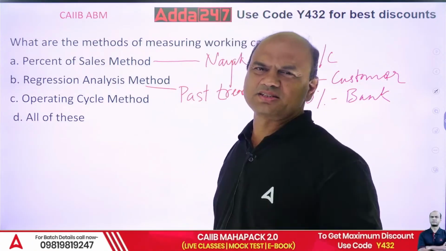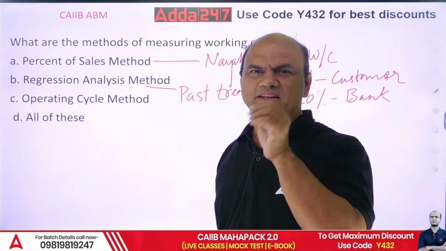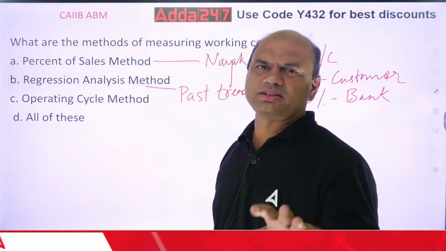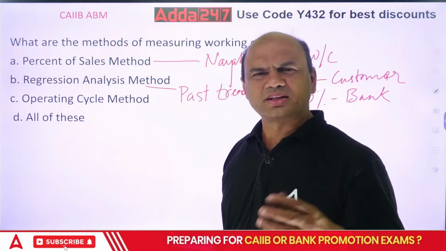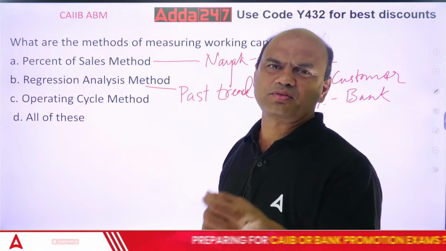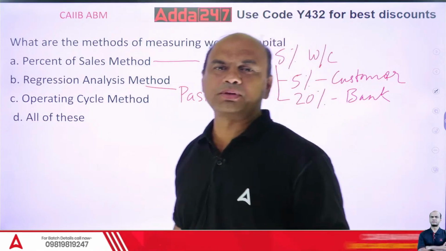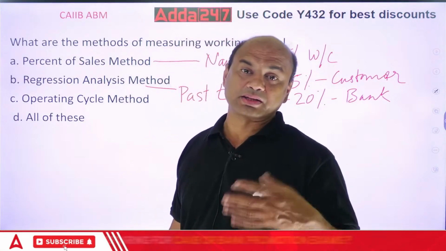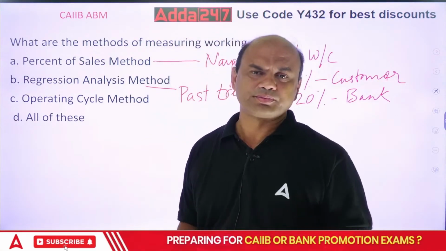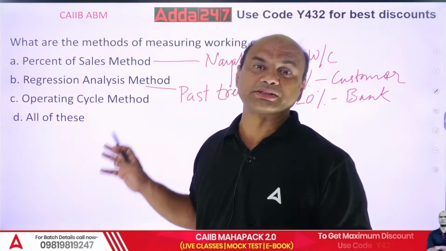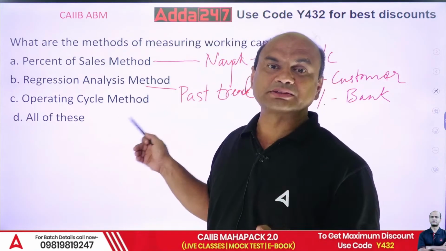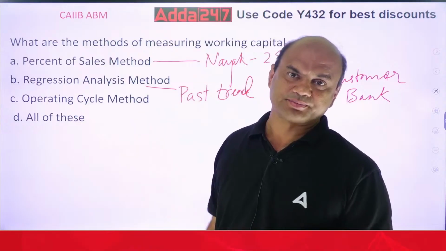They judge that if the last 5-6 years' average sale was, let's say, 100 lakhs, this year it will be around 105 lakhs. This can go wrong if the company has invested in some technology and the sales immediately grow. But basically the method is past regression analysis.